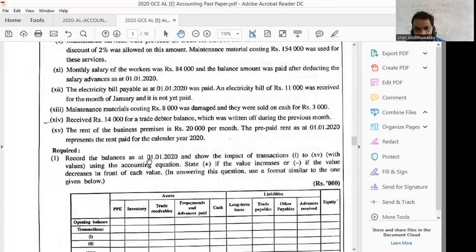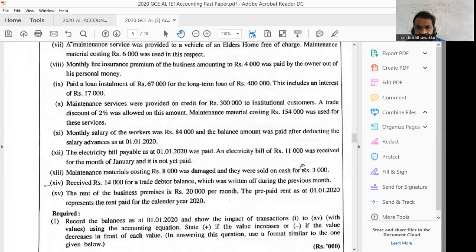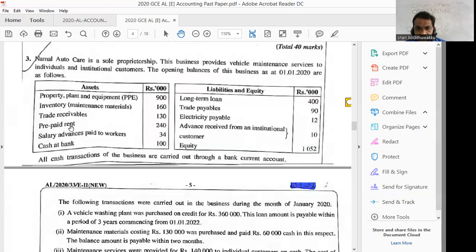We are asked to record for the month of January, no? Even though they have paid full year's rent in advance, 240,000, we are in a position to write off only January month's rent because we are adjusting this given transaction for the month of January.